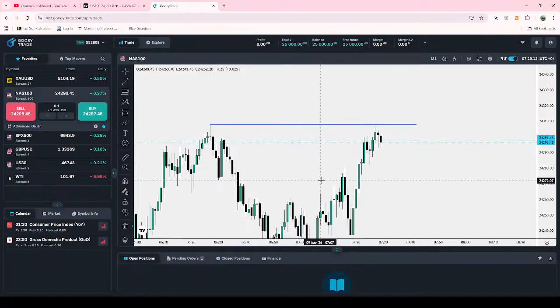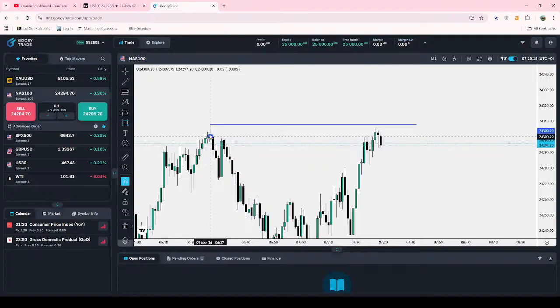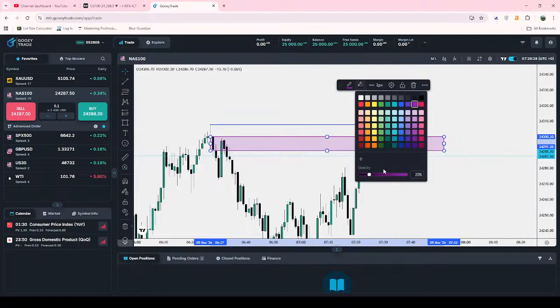Wait for these highs to be taken out, then we will take our entry from this fair value gap for the long side, only if the high is taken out.